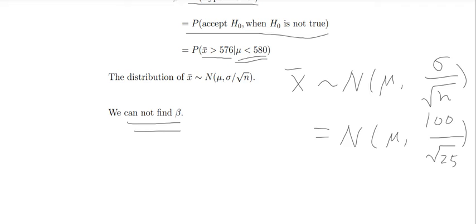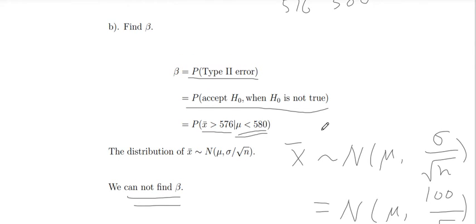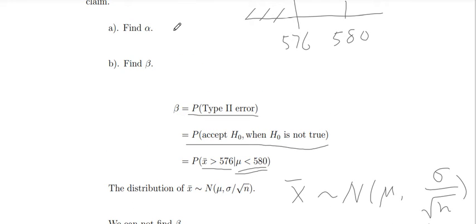We only know x bar follows some normal distribution, but the mean we don't know. We only know mu is less than 580, so it can be 570, 520, many possible values. So for such a problem, we can only find alpha, but we cannot find beta.